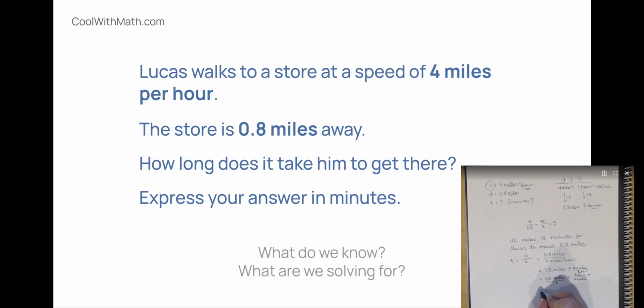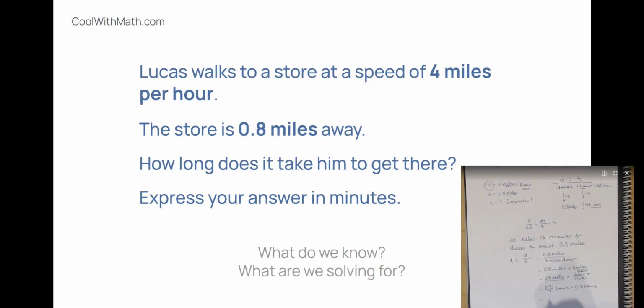But let's just keep going. So now we have 0.8 over 4 hours. That simplifies further to 0.2 hours, since 0.8 divided into 4 equal parts is just 0.2.